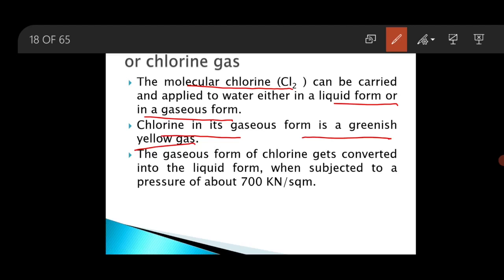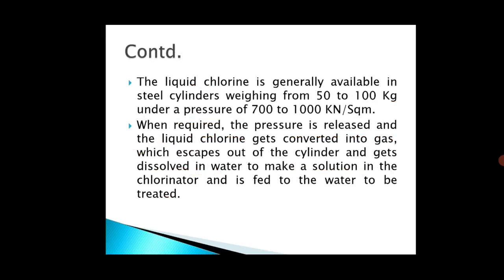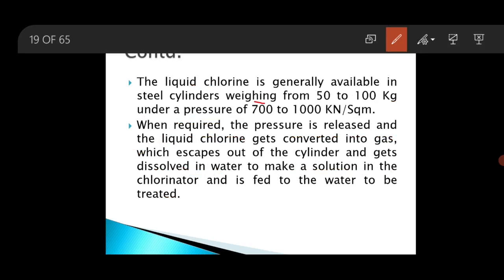The gaseous form gets converted into liquid form when subjected to a pressure of about 700 kilonewton per square meter. The liquid chlorine formed is heavier than water and is generally available in steel cylinders weighing from 50 to 100 kg under a pressure of 700 to 1000 kilonewton per square meter.